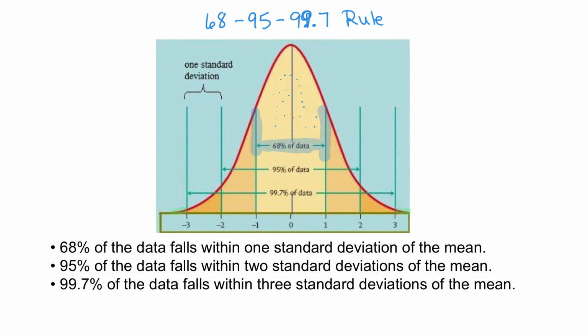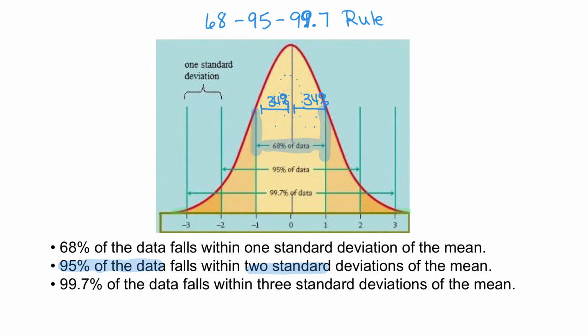Now we could go a step further, and if that's 68%, then each of these half sections represents 34%, because we take that 68% and divide it by 2. Now if we go two standard deviations, it's going to represent 95% of the data.